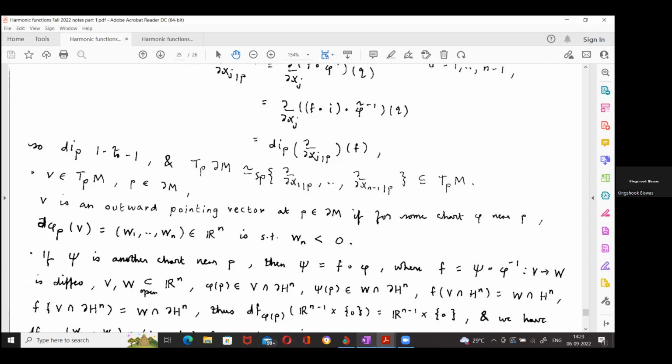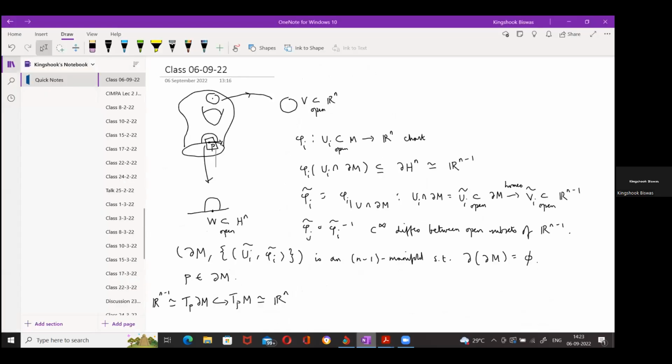So in this picture here, the vector V would look like this, and its image under the derivative of the chart would be some vector W which points into the lower half space. Is it clear? Okay. So such a vector we will call an outward pointing vector.